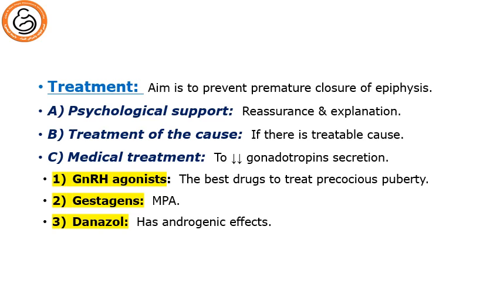Medical treatment decreases gonadotropin secretion, giving the gonadotropin-releasing hormone agonist, which is the best drug to treat precocious puberty, but this is limited by its cost and side effects. Sometimes we give a progestogen like medroxyprogesterone acetate, which will suppress the gonadotropin-releasing hormone release, and danazol, which has an androgenic effect.